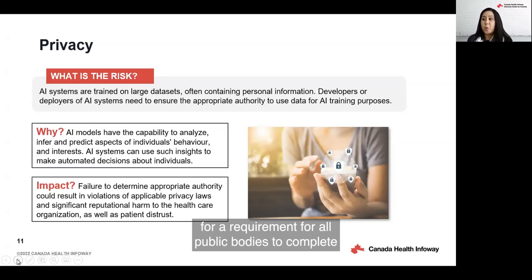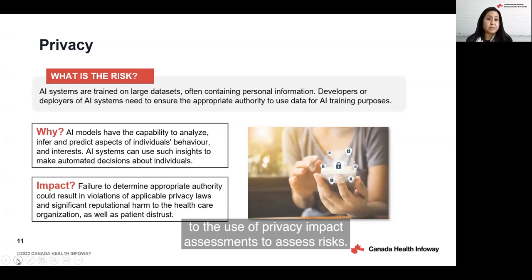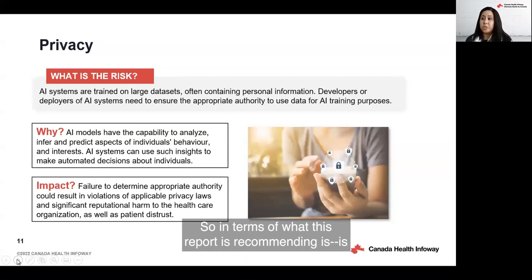One of the things that I thought would be important to highlight is that the report has called for a requirement for all public bodies to complete and submit an artificial intelligence fairness and privacy impact assessment for all existing and future AI programs for review by the relevant oversight body. Many of you in privacy are familiar with the use of privacy impact assessments to assess risks. So what this report is recommending is completing an AI fairness and privacy impact assessment.